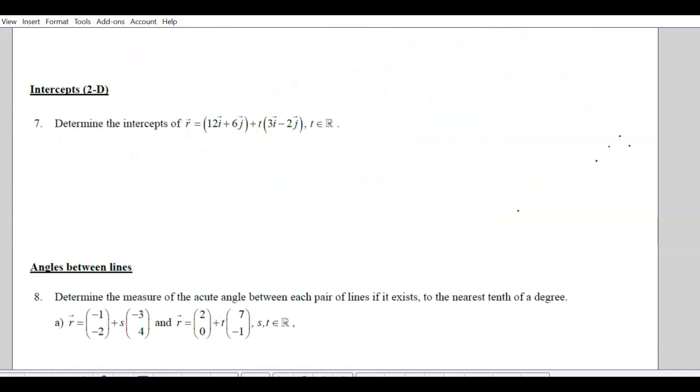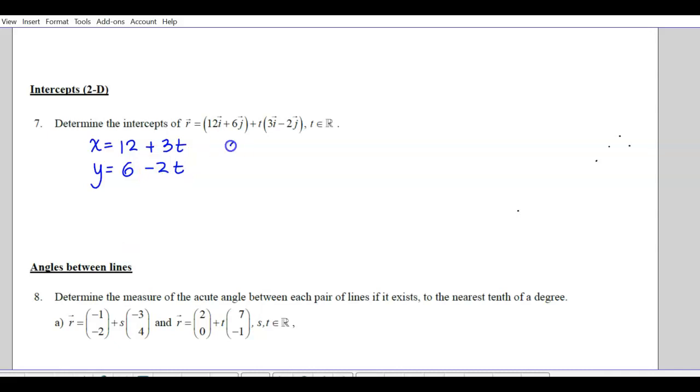Next one. Finding intercepts. So we know how to do that in Cartesian form. The y-intercept is when x is 0, the x-intercept is when y is 0. Same thing here. So again, you can show it in vector form or just show it in parametric form. That's going to be 12 plus 3t, and that's going to be 6 minus 2t.